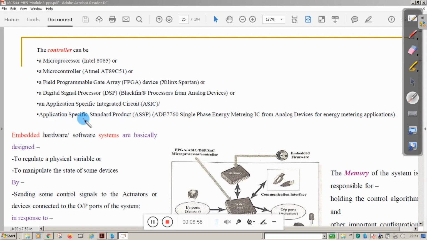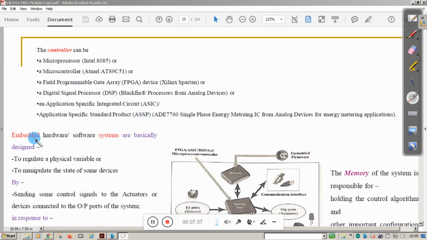We also have the application specific standard product, like the AD7760 IC, which is used in a single phase energy meter to calculate the power consumption in household electrical meters. The difference between ASIC and ASSP is that an ASIC is proprietary, that is, it is not available in the open market. An application specific standard product is non-proprietary, that is, it can be sold in the open market.